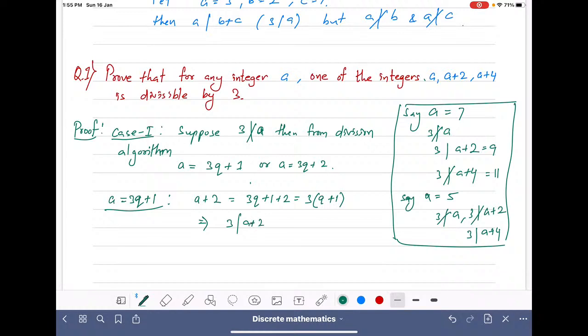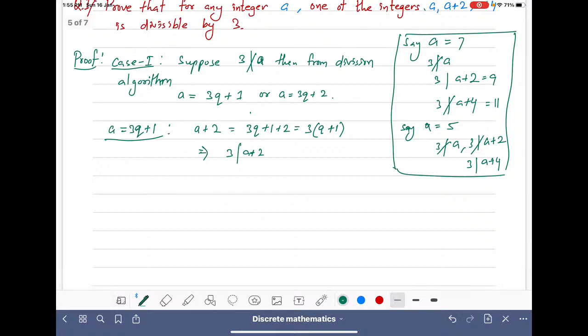You can verify that a plus 4 is not divisible by 3. When a is of the form 3q plus 2, then a plus 4 is equal to 3q plus 2 plus 4, which is 3q plus 6, and it becomes 3 times (q plus 2). This again implies 3 divides a plus 4.